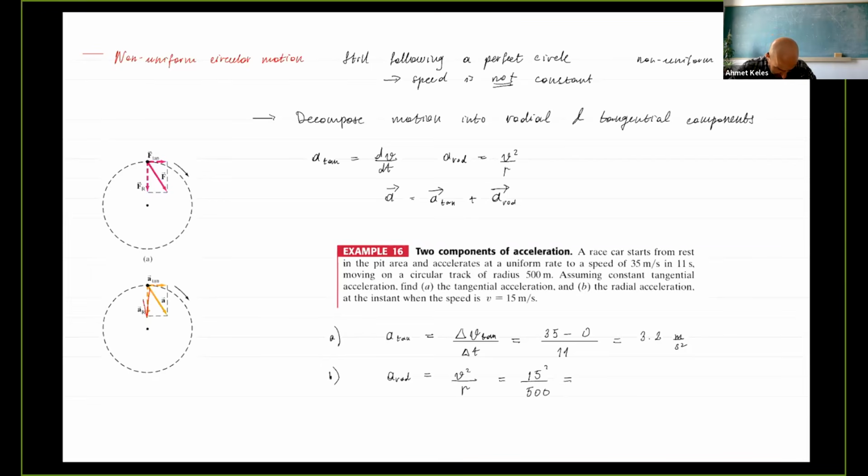From here, 15 times 15 divided by 500 is 0.45 meters per second squared. Simple stuff, right?